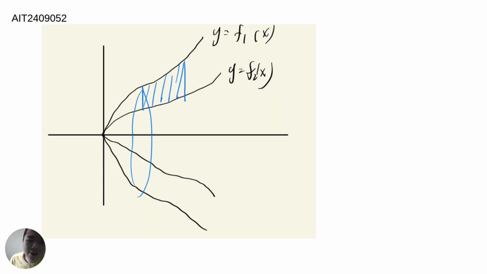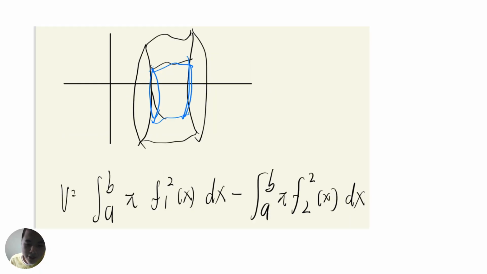You can see like this: f1(x) is the outer curve and f2(x) is the inner curve. How do we find the volume if f1(x) and f2(x) are rotated around the x-axis? We can see like this: the black one is the outer curve, and the blue one is the inner curve.